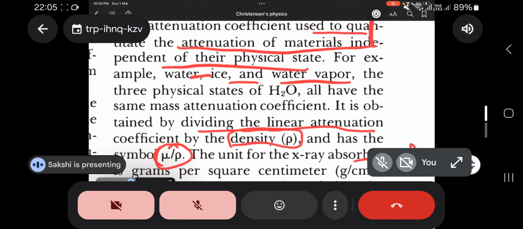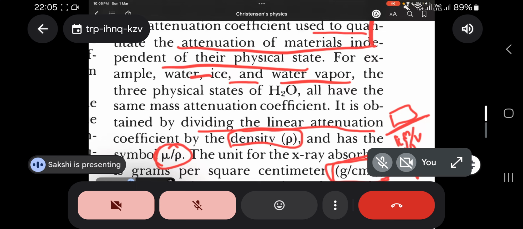Now, if I am asking you to derive this formula, then how will you derive it? You just have to write down every unit. First of all, write down the linear attenuation coefficient unit and then divide it by mass per unit volume. Volume obviously will be meter cube, and mass is kg.